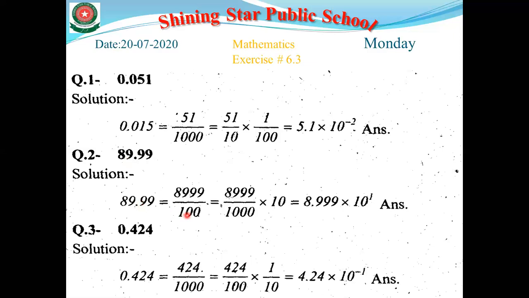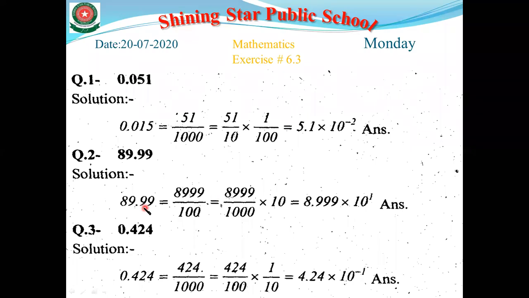So we multiply with 10 and divide with 10, because whenever we write 8.999, we have to write 8999 divided by 1000. Okay, why? Because we know that if we have the point in 89.99, in the denominator we must have 100, because after the point we have 2 digits.